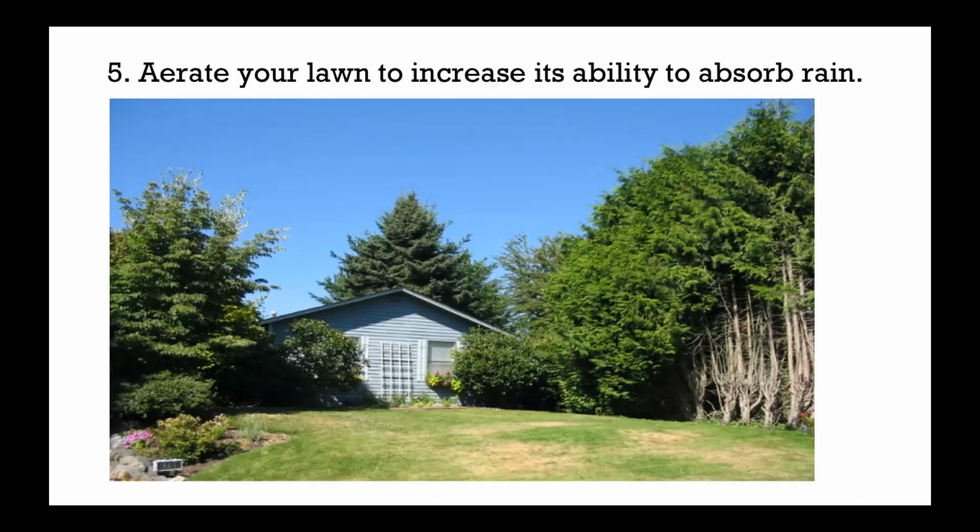It also will make your lawn much healthier, and instead of having bare patches like you can see in this lawn, you could have your whole lawn stay green much longer, even in the dry times of the year.